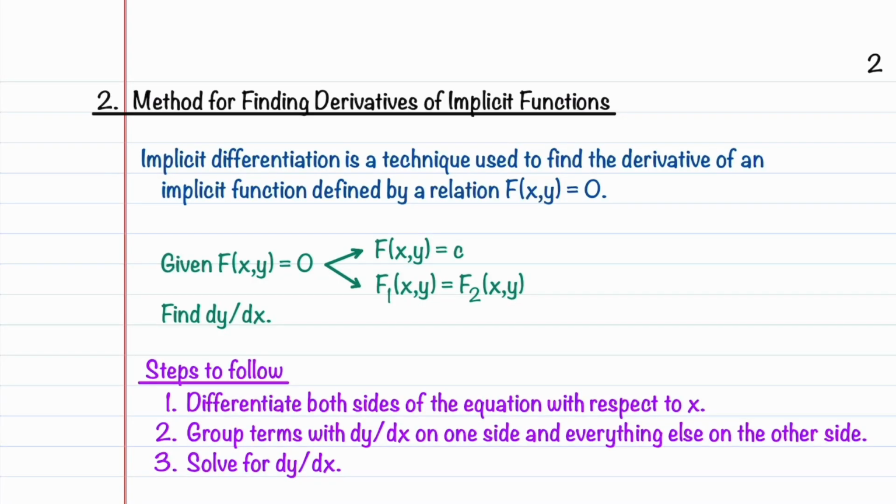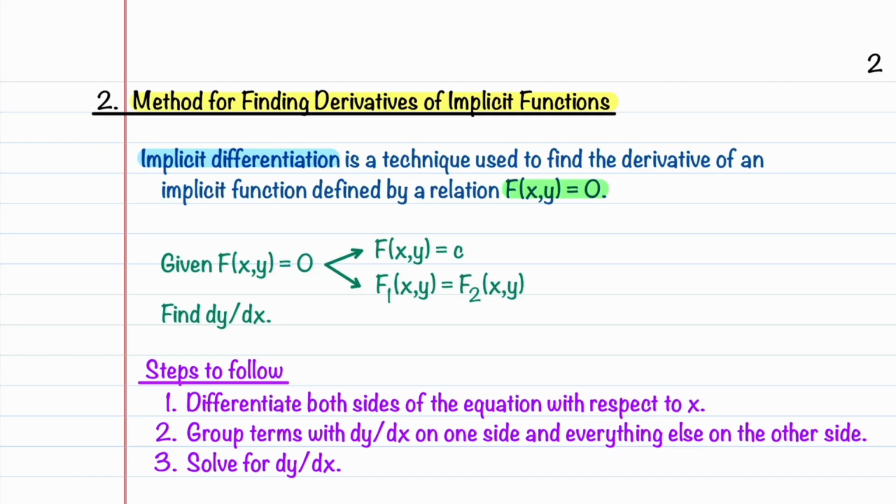We are now going to learn a method for finding derivatives of implicit functions. Implicit differentiation is the technique that we're going to use to find the derivative of an implicit function that is defined by the relation capital F of x comma y is equal to 0.